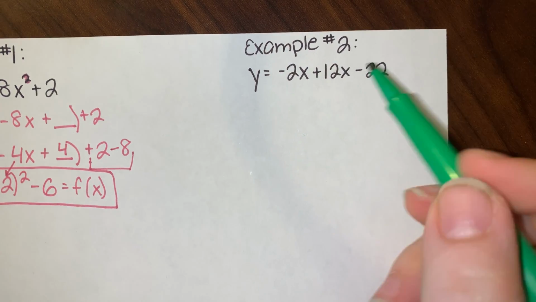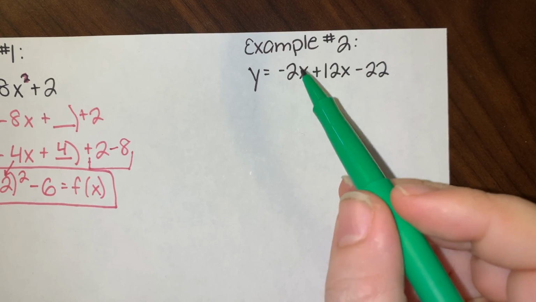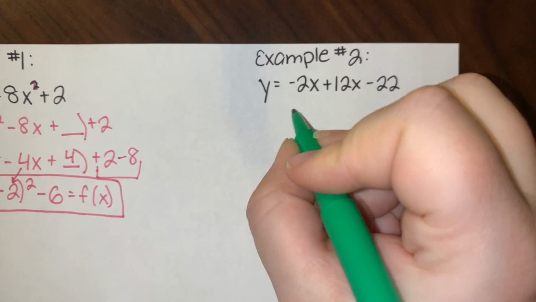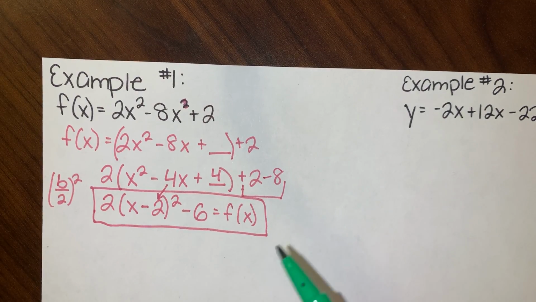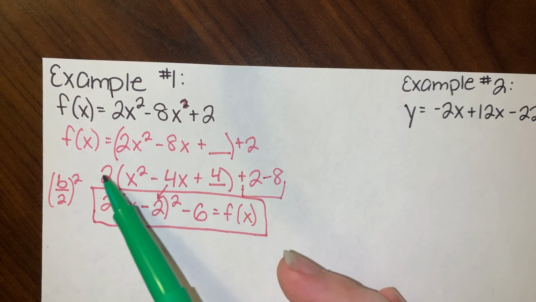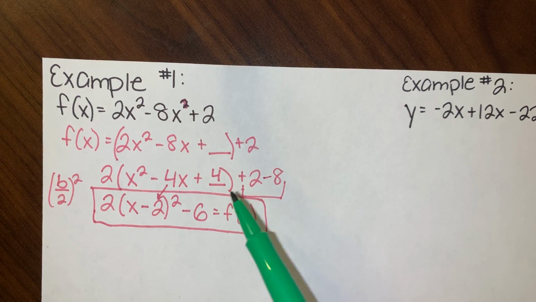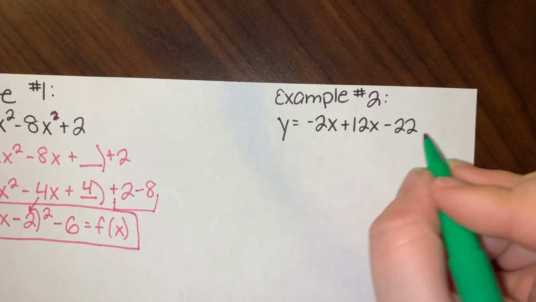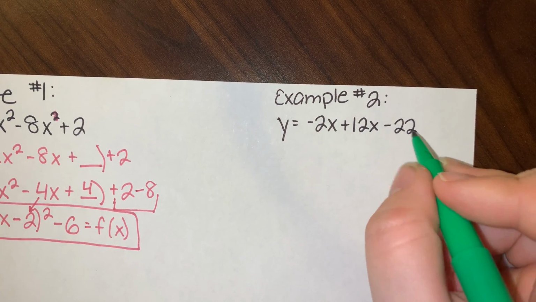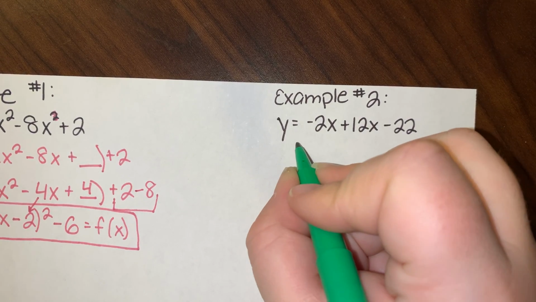Okay, so here is our next example. The big difference here is that now our a is a negative value. Same idea. You can technically do the first step and the second step of factoring out your a in one step. So rather than rewriting this by bumping over the -22 and then factoring out a -2, you can do that in one step.